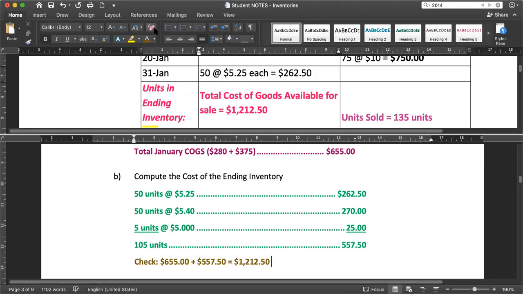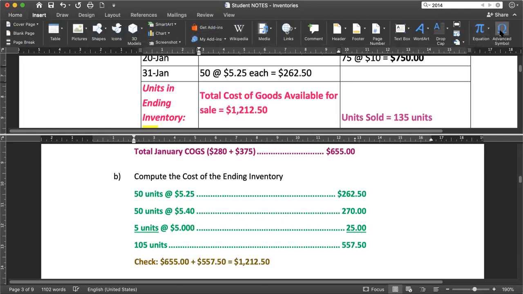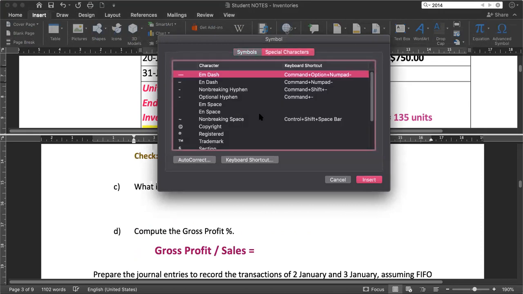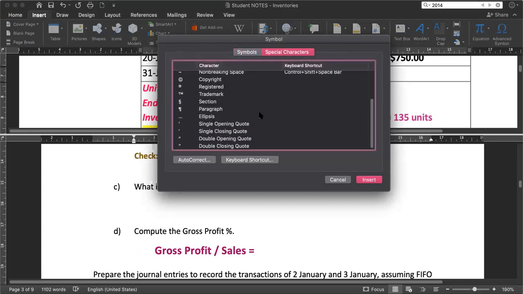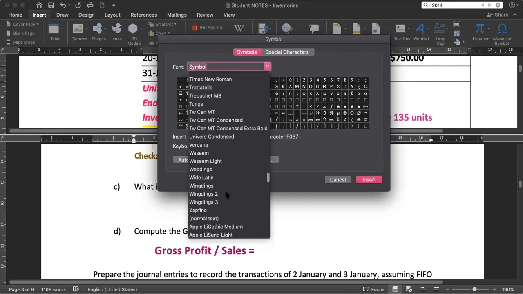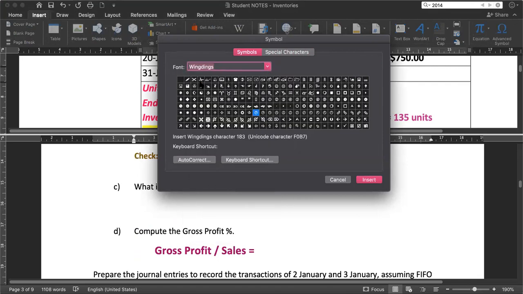So this then is a good sign that we have more than likely done our work correctly. Okay, I was trying to find a check mark, but apparently there is not one here. There we go.